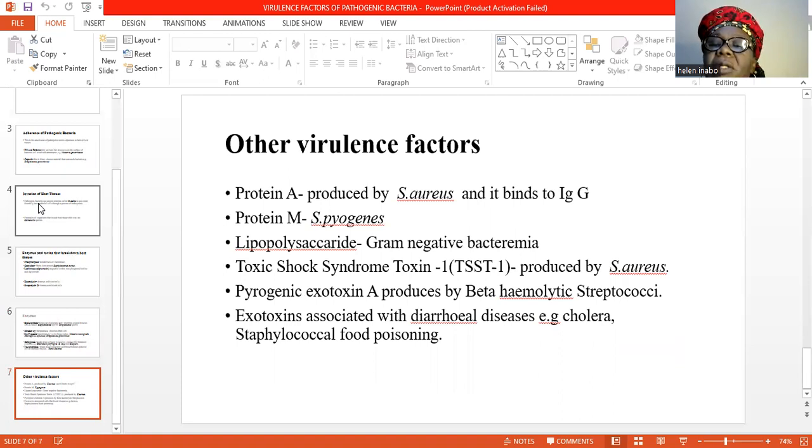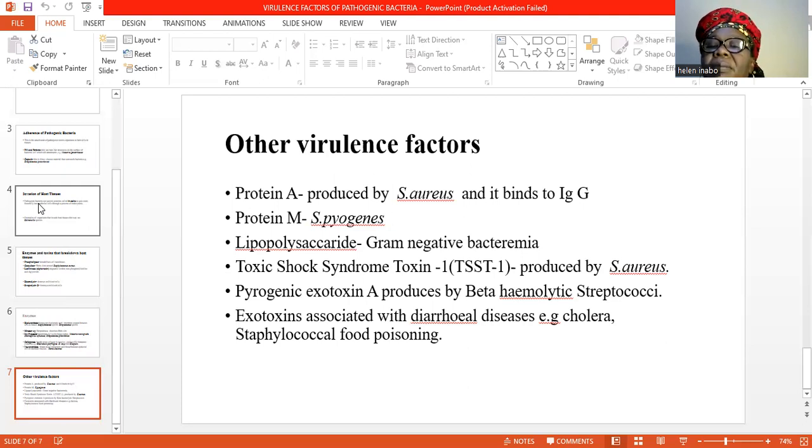Then you have the toxic shock syndrome toxin 1, TSST-1, which is produced by Staph aureus and is involved in causing toxic shock syndrome.